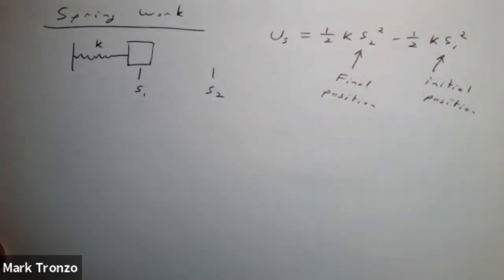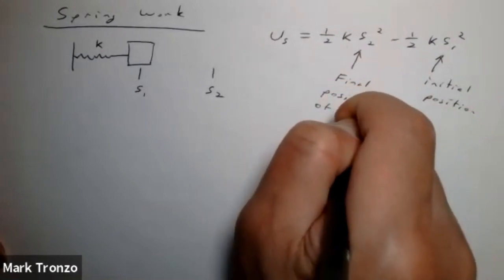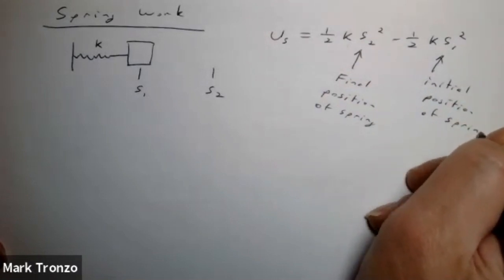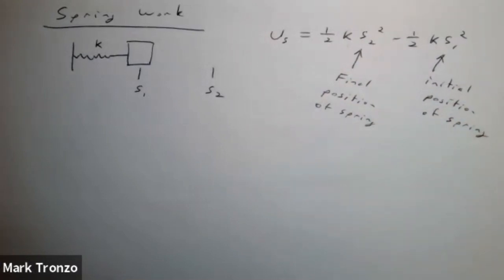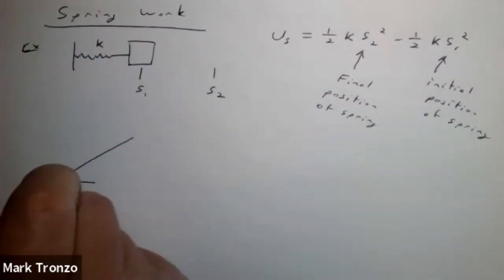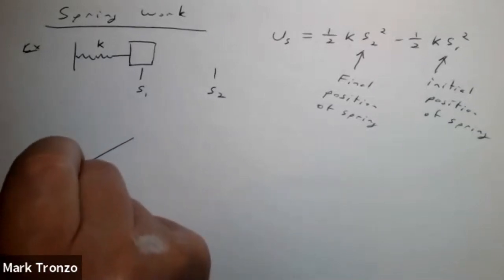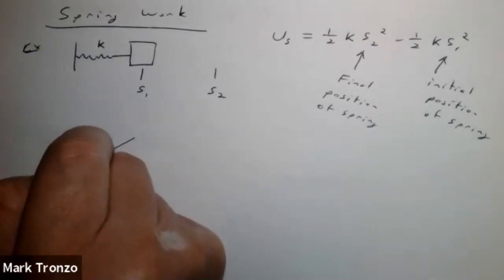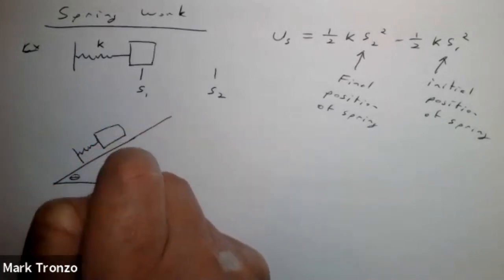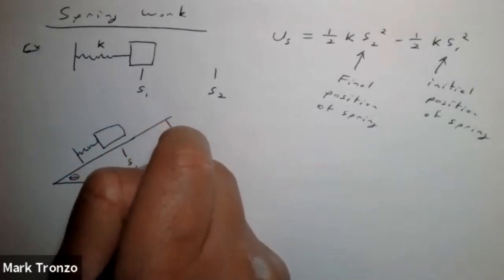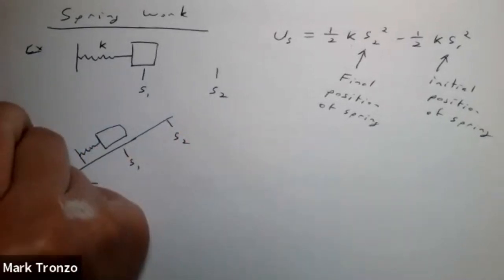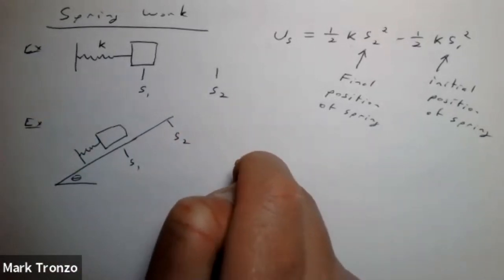Same thing here, it's always just the position of the spring. So if you do it this way, S1 to S2, same thing. Even though it's in this direction, all we're concerned with is just the initial and final position of the spring.